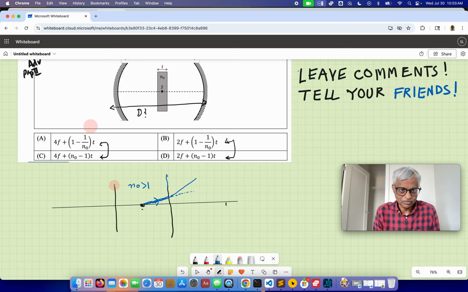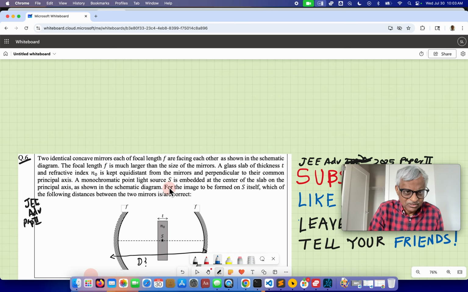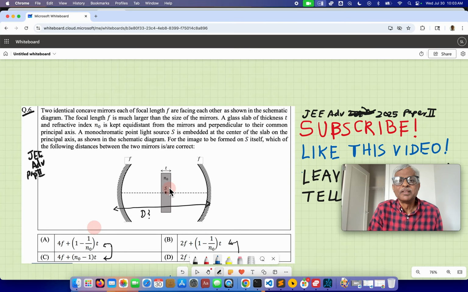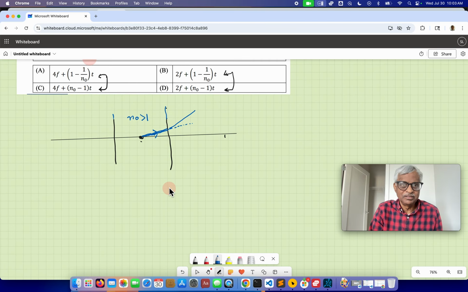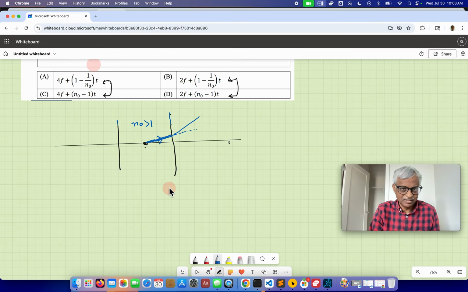Okay, so we'll just say it is greater than 1. I don't know if the problem said n0 is greater than 1, but from the way it is written, it seems like it's more than air, right? So optically denser than air. I'm just assuming that. So it's going to go wide like that.